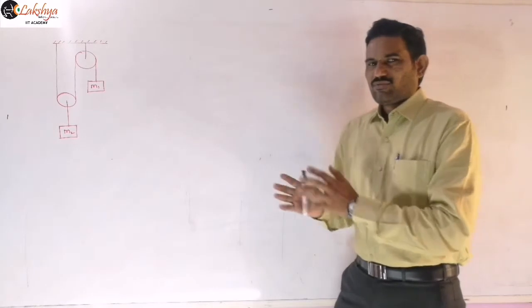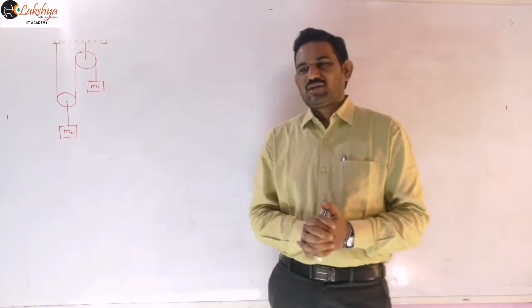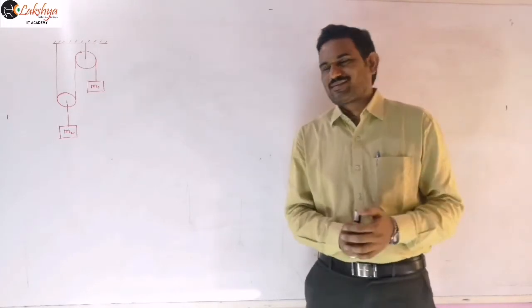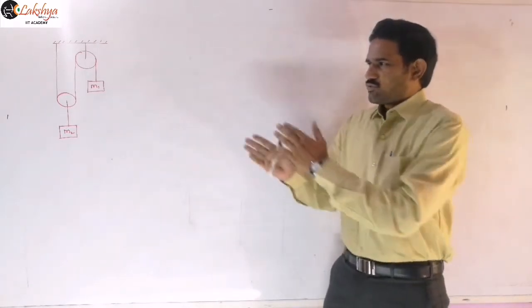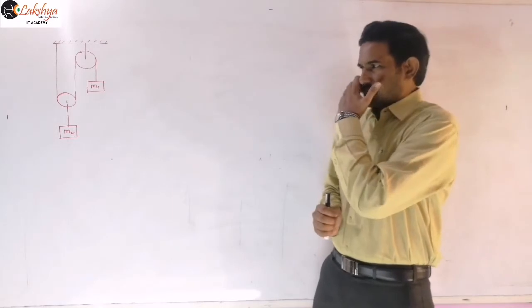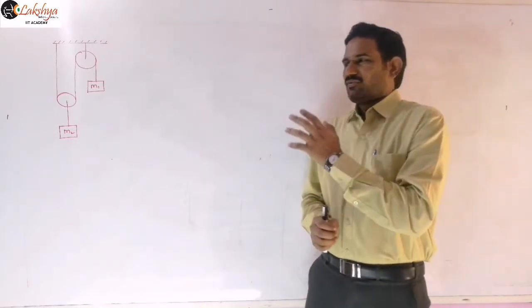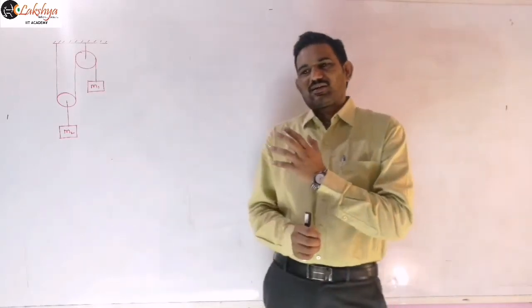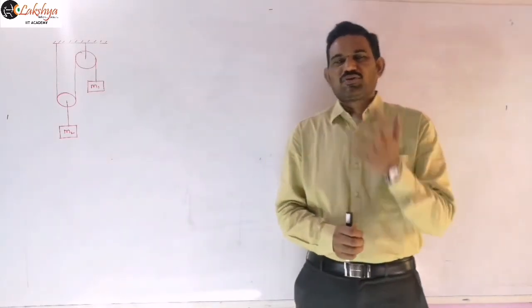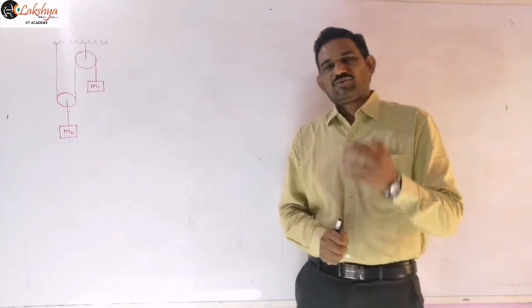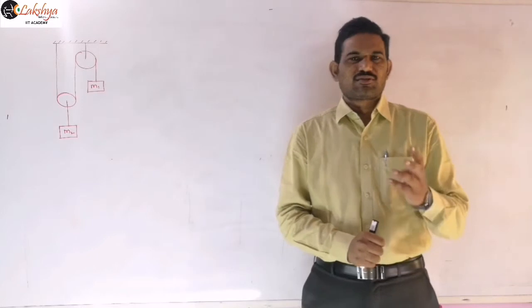So now let us see one more example based on pulley constraints, and let us see some problems based on that in today's class. Suppose I am taking this system like this, M1 and M2 two blocks are connected by this. Until it is mentioned otherwise, we need to consider the pulleys as massless only. If no information is given in the data, you need to consider the pulleys as ideal pulleys, that means frictionless and massless.